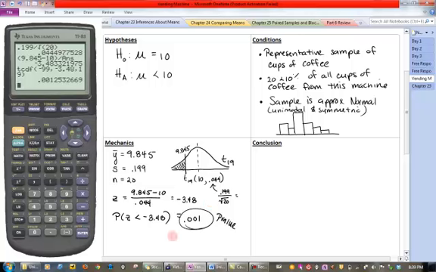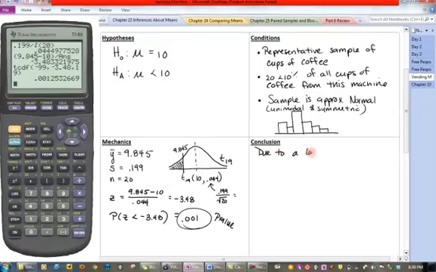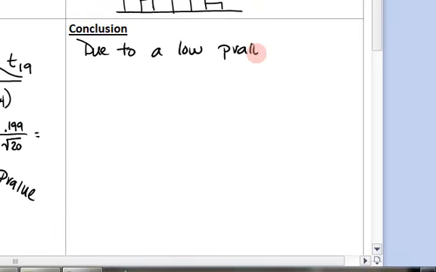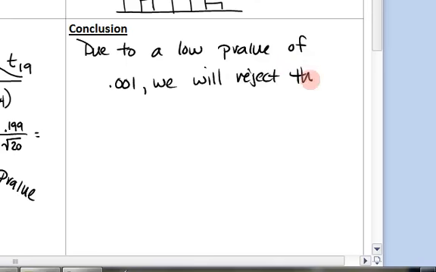All right, so our mechanics are done. We have our p-value calculated. All our work has been shown. And so we're ready to move on to the conclusion. This conclusion should not look very much different than the conclusions we've been drawing before. Okay, so due to a low p-value of 0.001, we will reject the null hypothesis.